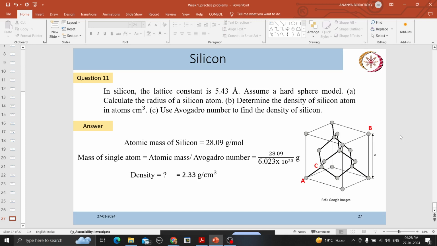So did you get the answer? 2.33 gram per centimeter cube.